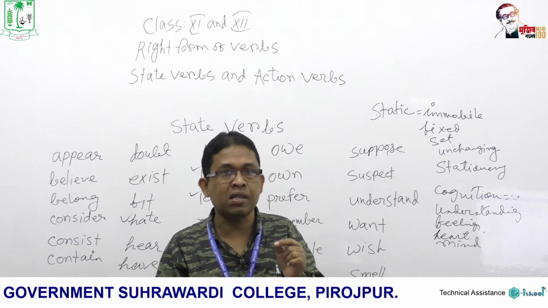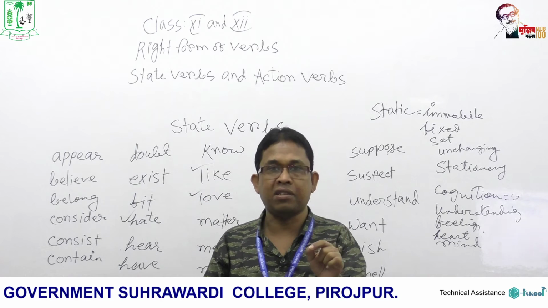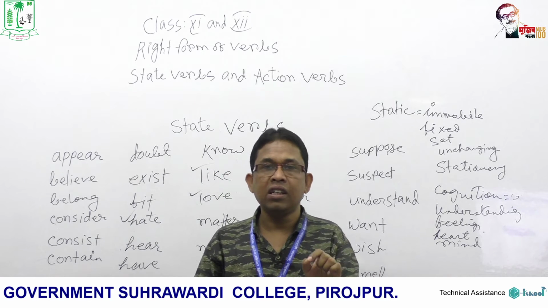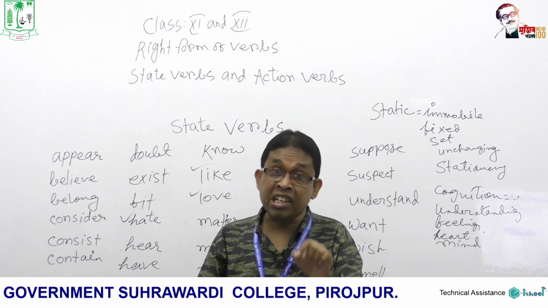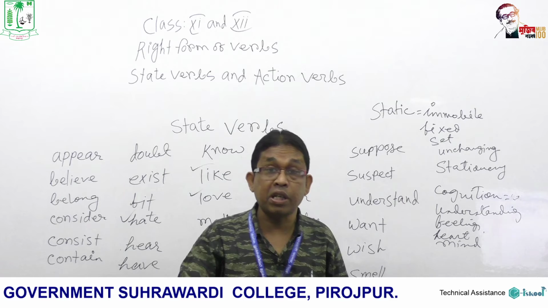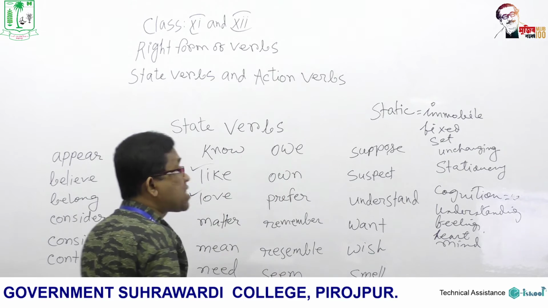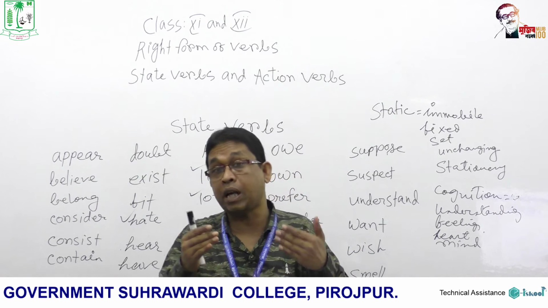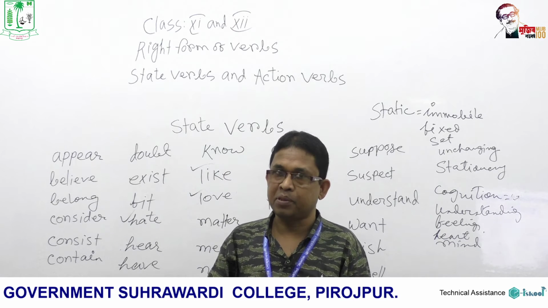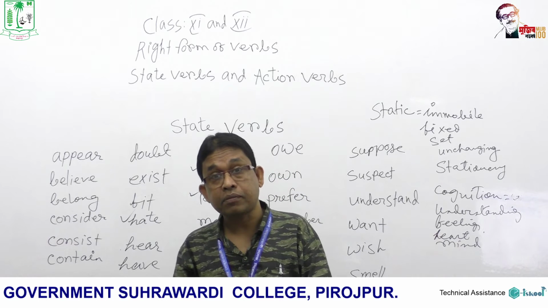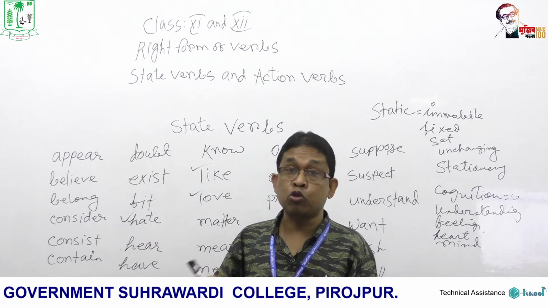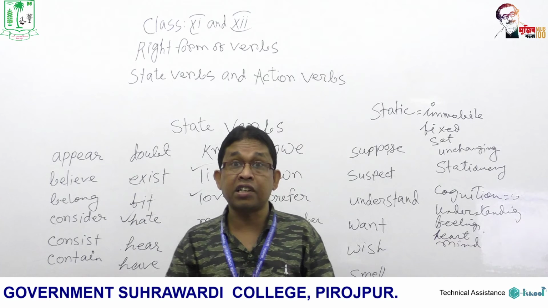Transitive verbs are the verbs which take an object. The verb which has an object is called a transitive verb, and an intransitive verb is one which doesn't have an object. So, even if certain state verbs take an object and become transitive, still they cannot be used in the passive. And another major feature is that they are normally not used in continuous form.